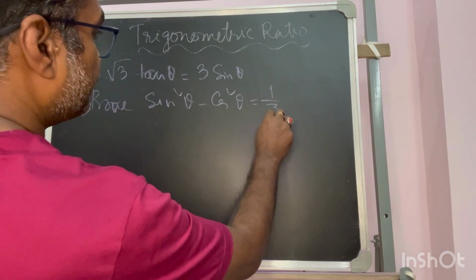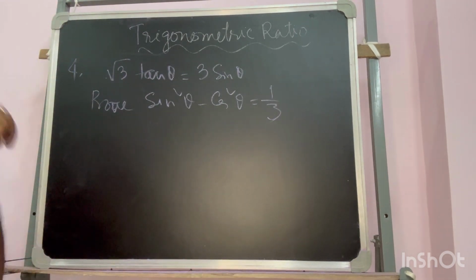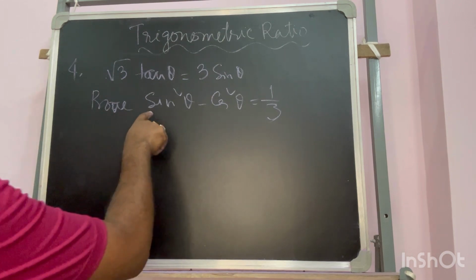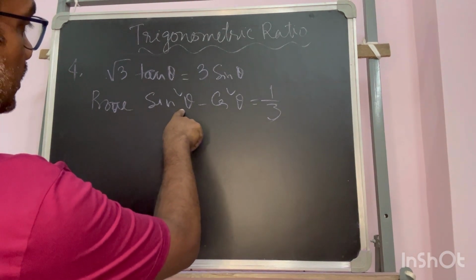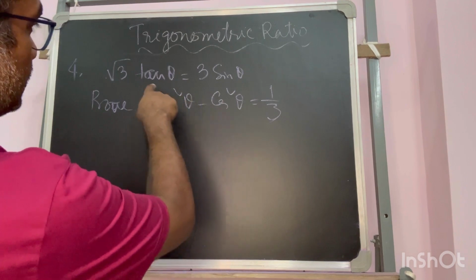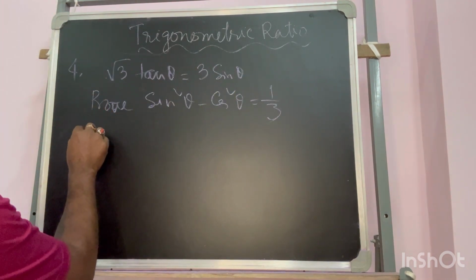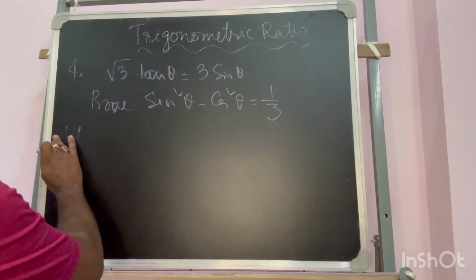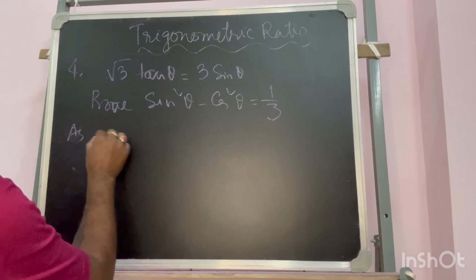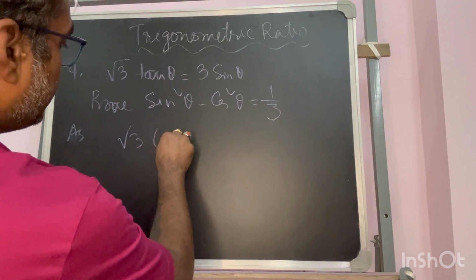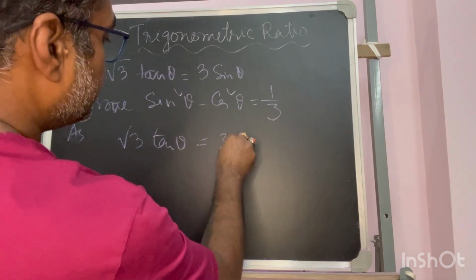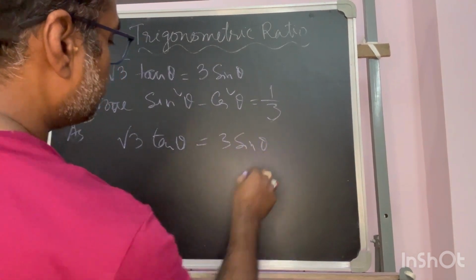This is a different kind of thing. Now here sin and cos are involved, and here only tan and sin. So let me start with root 3 tan theta is equal to 3 sin theta.